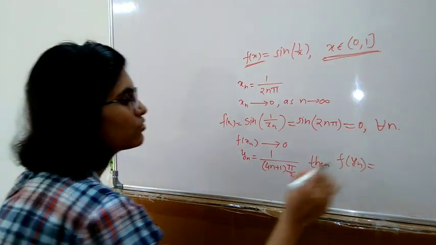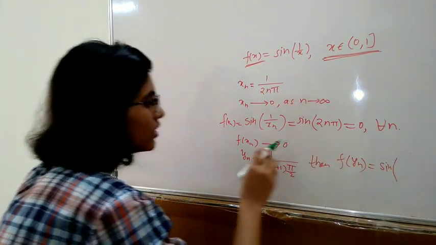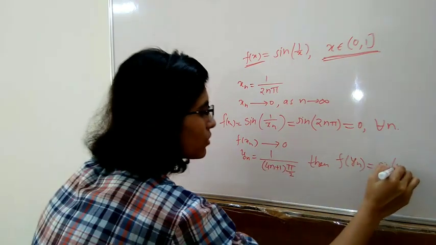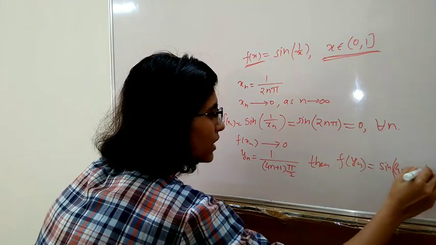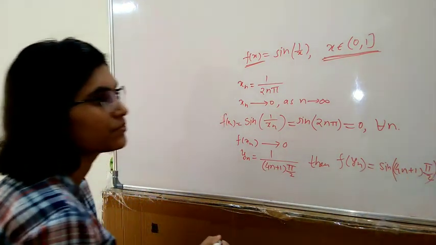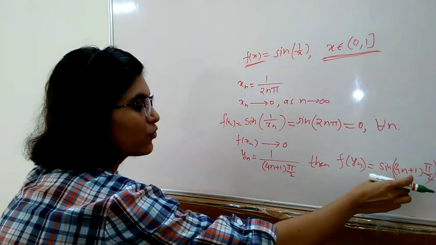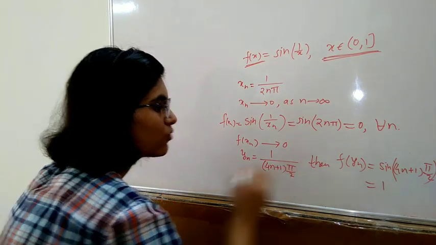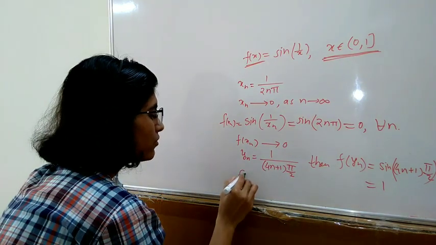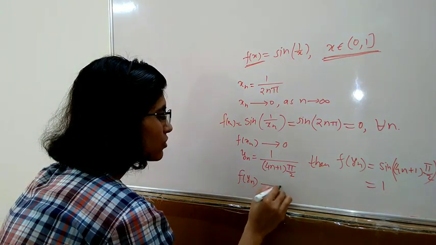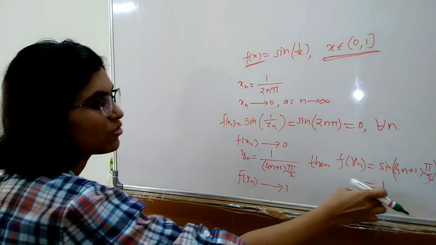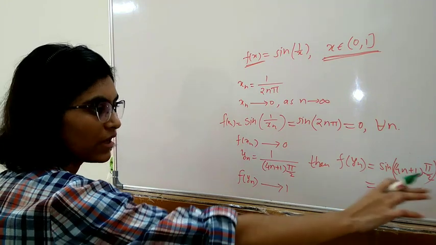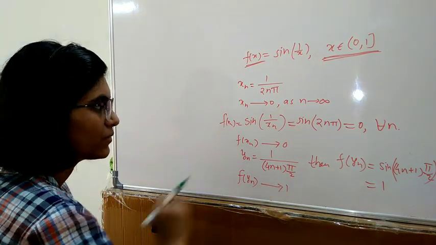This is just equal to sine of 1 upon y_n, and 1 upon y_n is just (4n plus 1) times pi by 2, right? The sine of (4n plus 1) times pi by 2 is just equal to 1. So f of y_n converges to 1 because it is a constant sequence, taking the value 1 for all values of n.